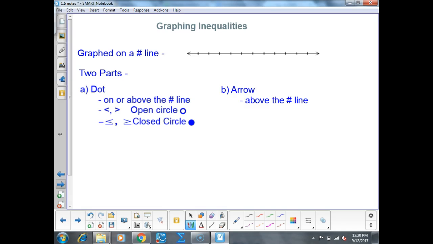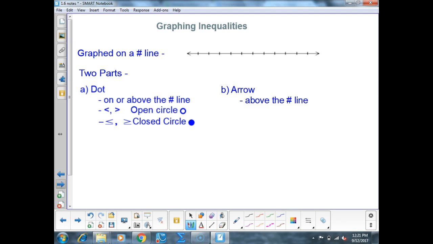When we graph inequalities, in this, I don't want to say basic case, but in the next couple of weeks, we'll jump up to where we graph linear inequalities, and then it'll be two-dimensional. But right now we're dealing with just a single variable inequality, so it's the basic one.